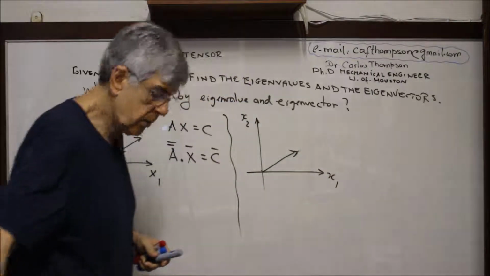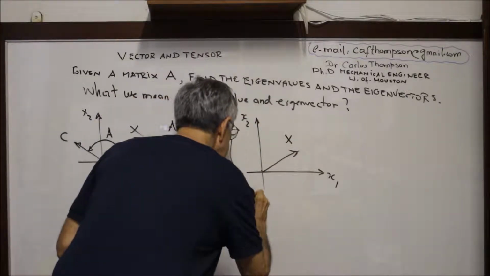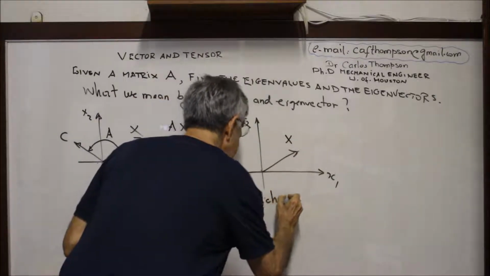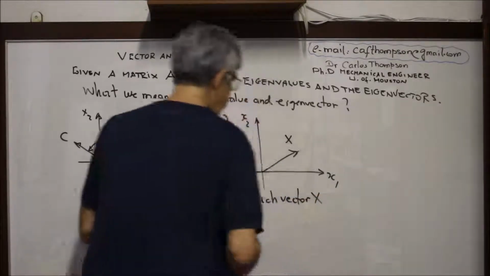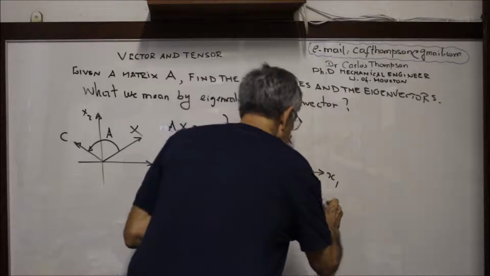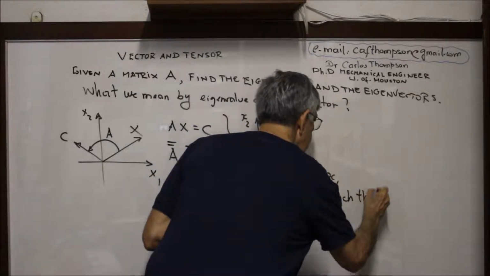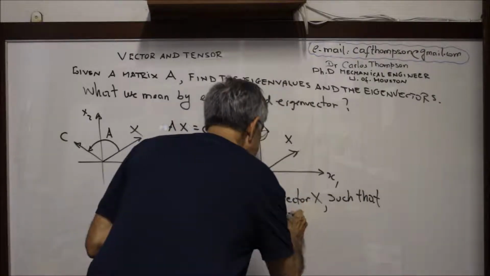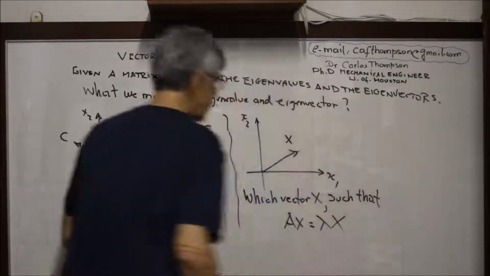Look. Now, which vector x is such that Ax is equal to a scalar times x.